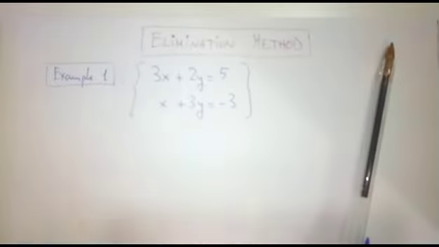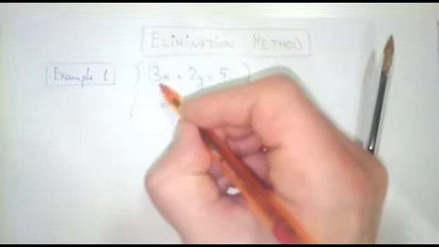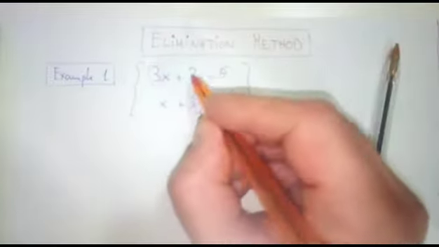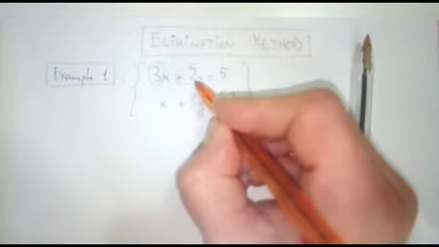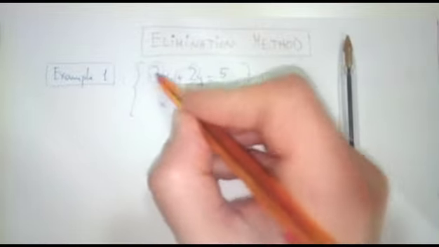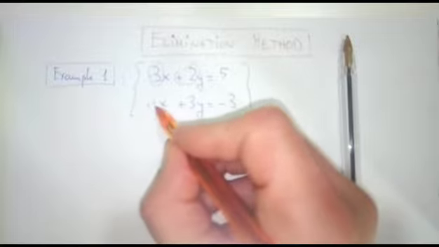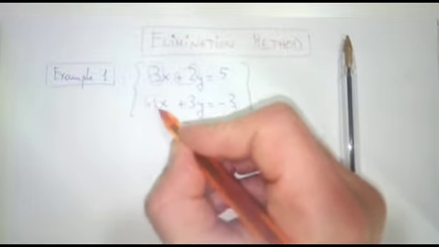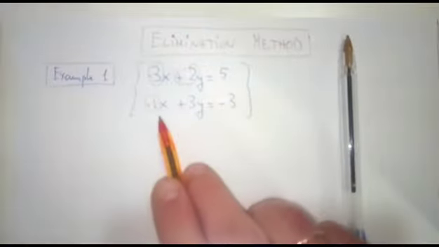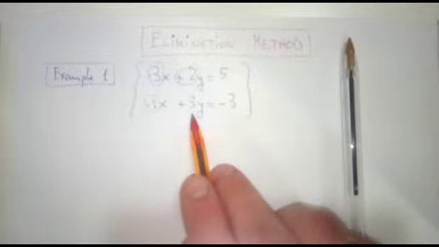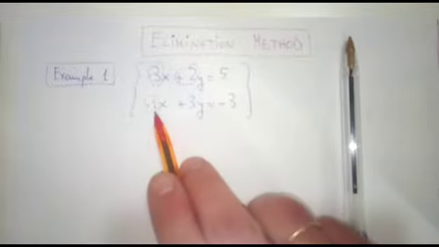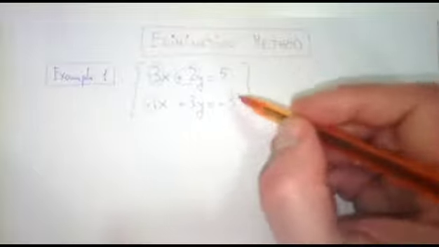So if you see, we have here a 3, so there is no 1. Here we have a positive 2 or positive 3, and here we have plus 1. So if we have a plus 1 in one letter, we are going to pick this equation.